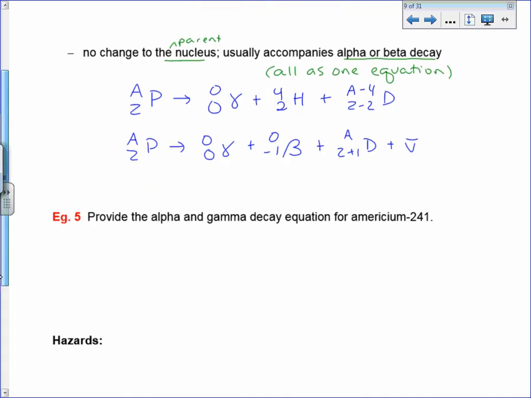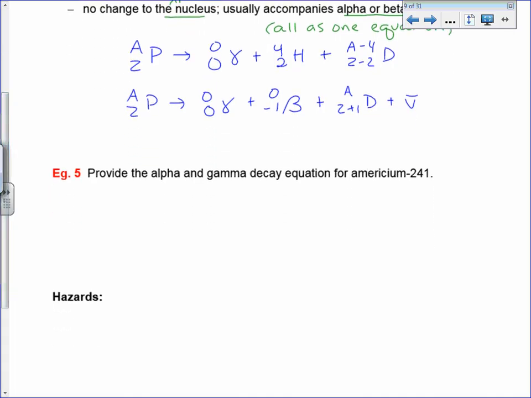So we want to do the alpha and gamma decay equation for americium-241. So 241 Am for americium, and americium is 95.